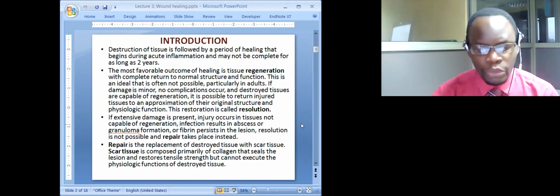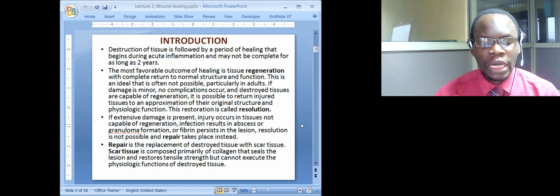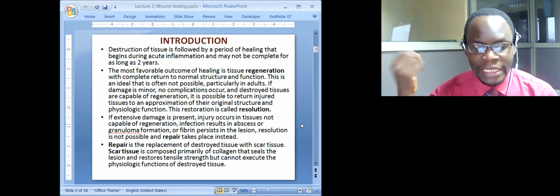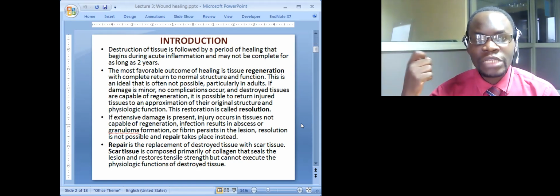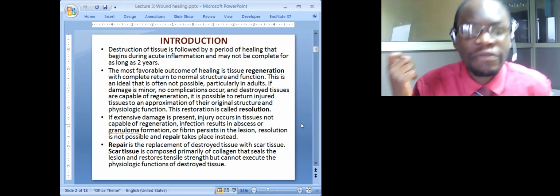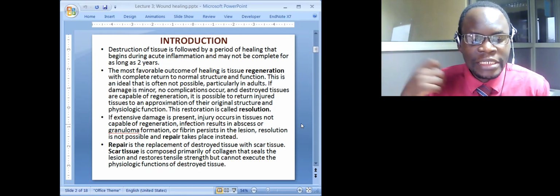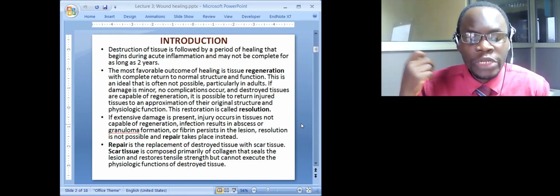Now, as far as the introduction is concerned, destruction of tissue is basically followed by healing. That usually begins with acute inflammation, as we have mentioned, but it may not be complete for as long as 2 years.